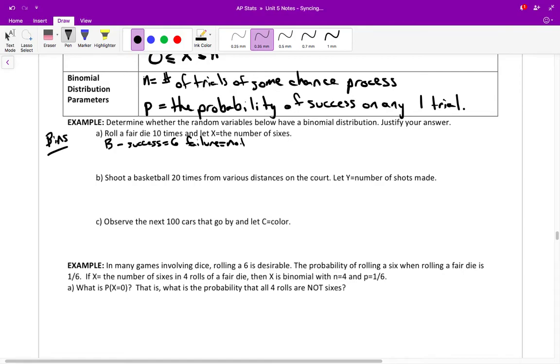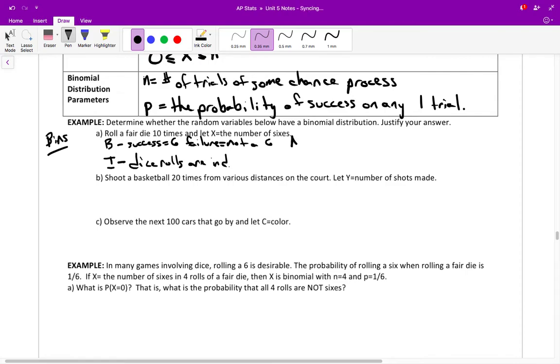Basically just not a 6. Second thing you have to ask yourself, would each trial be independent in this case? And dice rolls are independent. One dice roll doesn't affect the next one, so because dice rolls are independent, we can go ahead and fulfill the I part of BINS.